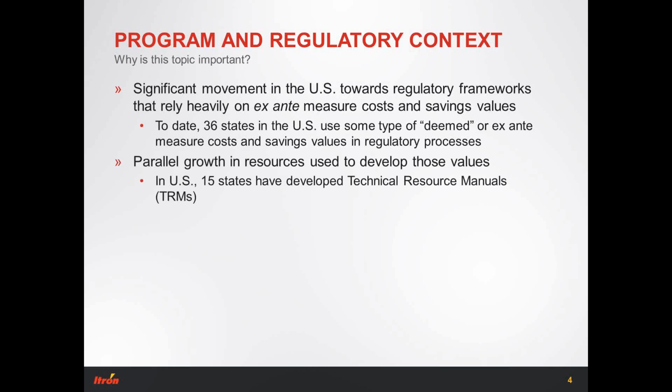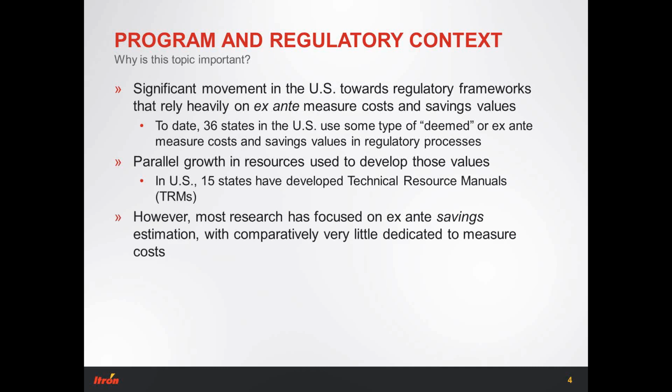With that movement in regulatory structures, there's also been a growth in the amount of resources used to develop those values. I think 15, it might actually be up to 17 now, states have technical resource manuals that include some of these deemed values.